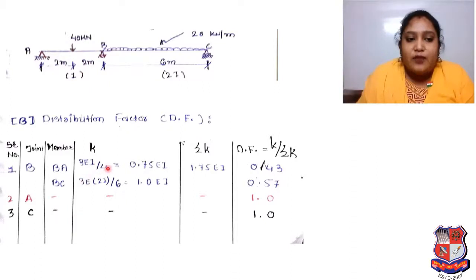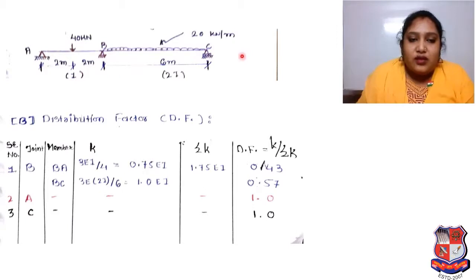So 3EI by 4 for BA. 3 by 4 is equal to 0.75. So we will get stiffness K for member BA at joint B as 0.75 EI.